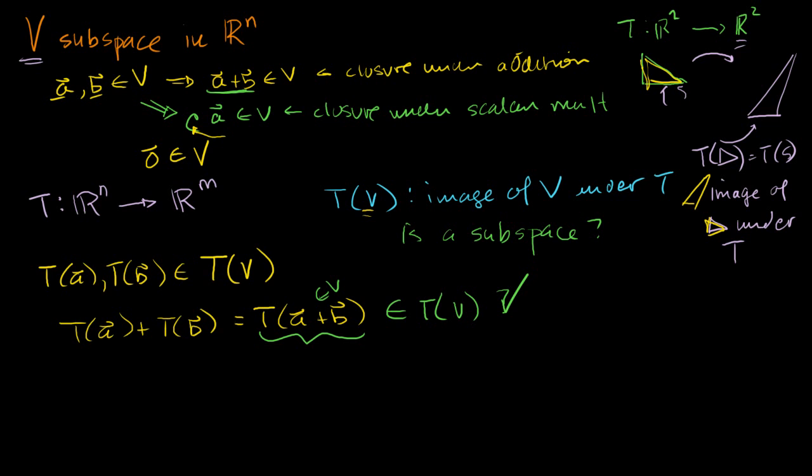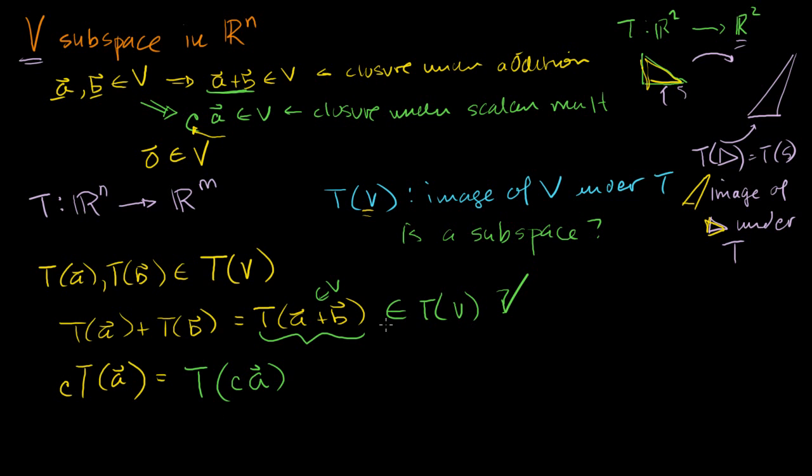Now, let's ask the next question. If I take a scalar multiple of some member of my image of V under T, or my T of capital V right there, what is this equal to? By definition, for a linear transformation, this is the same thing as the transformation of the scalar times the vector.